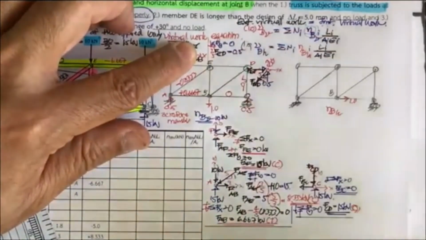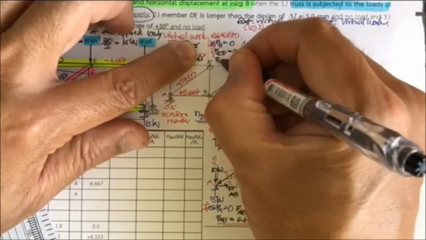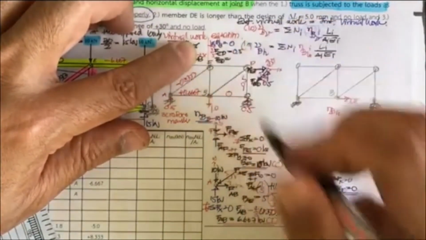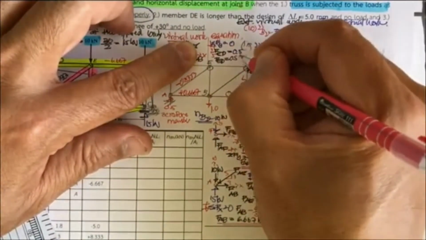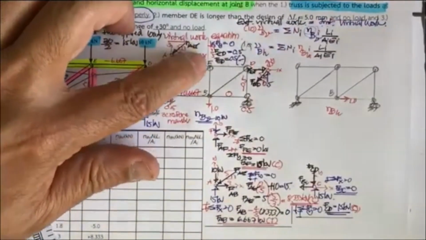And then you will get F sub ED equal to 0.5, and then times what?